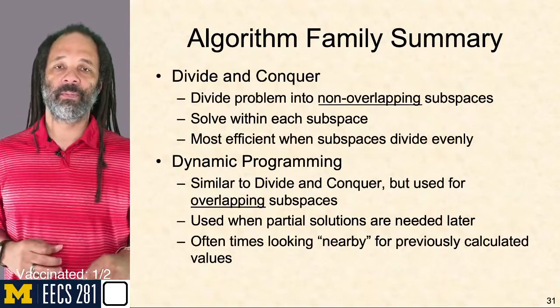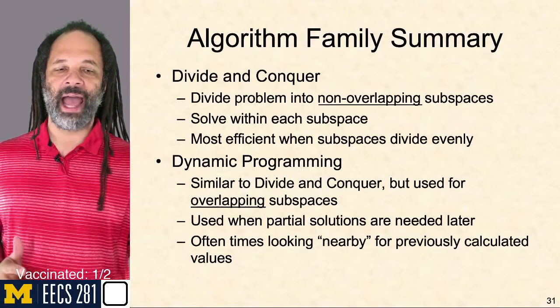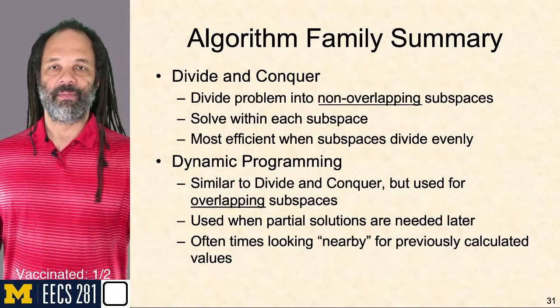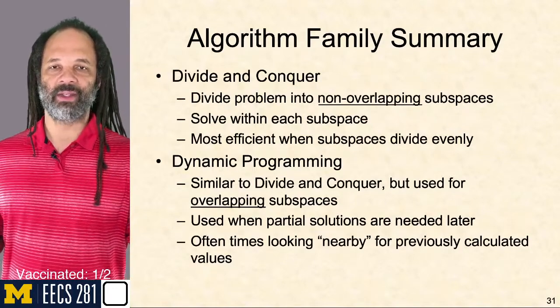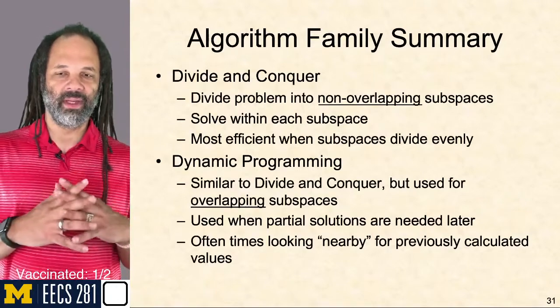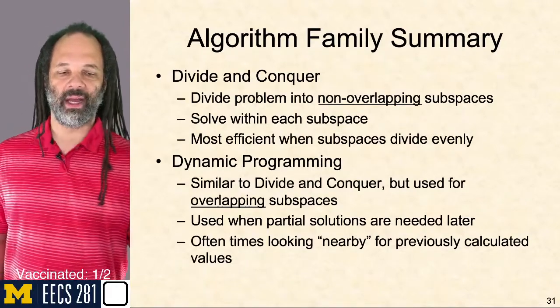That's how that works. We'll go into it more. Just for now, know that you've got a high-level understanding of what DP is: it's a problem that can be divided into smaller versions of itself, just like divide and conquer, but we've got some overlapping with DP and independence with divide and conquer.